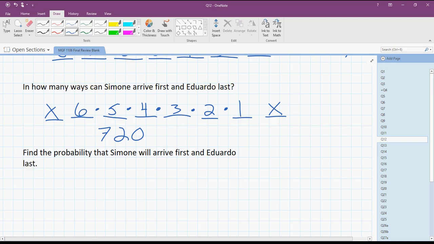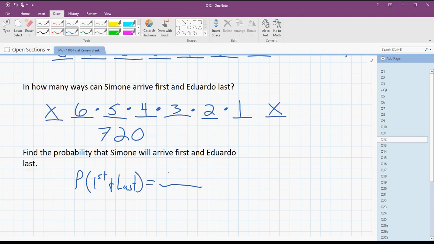And then last but not least, they want the probability of this situation. The probability of the first and last. Well, how many ways can that happen with the first and the last? 1 over 56. No, well, you're reducing too much. Answer the question first. How many ways can the first and the last go? 720.